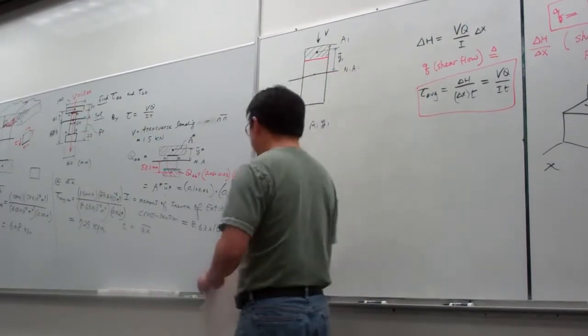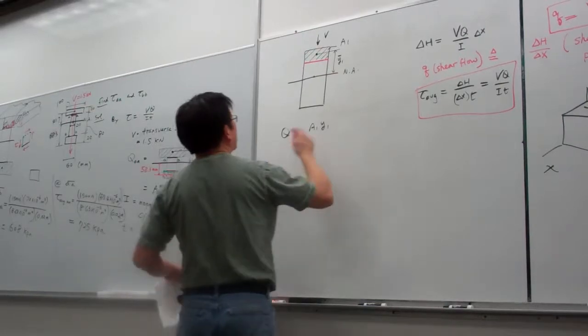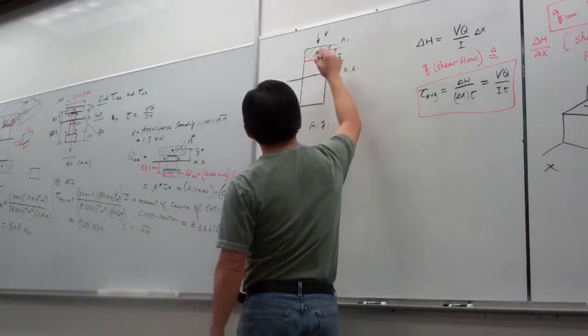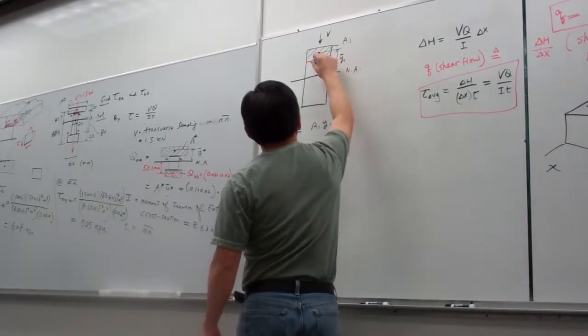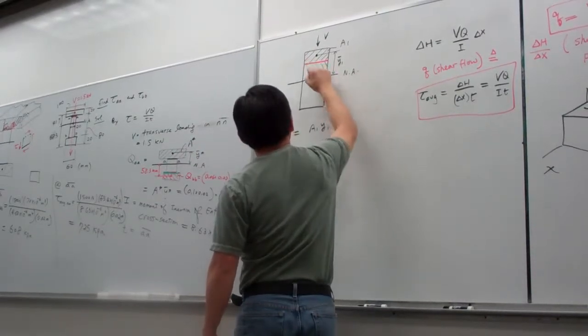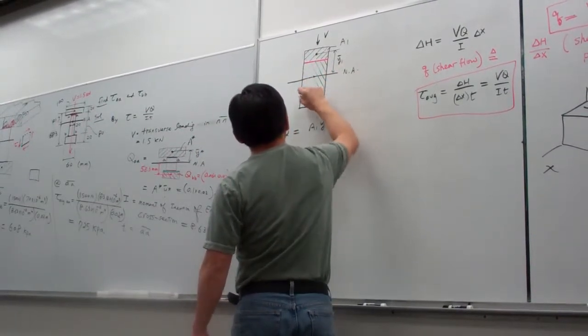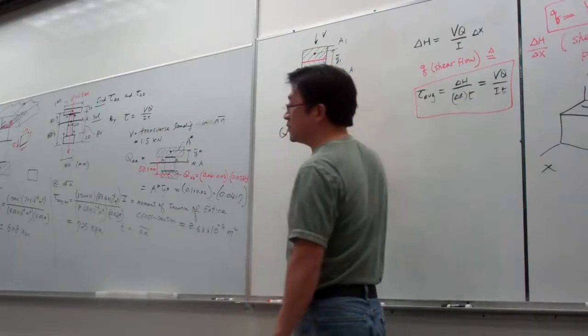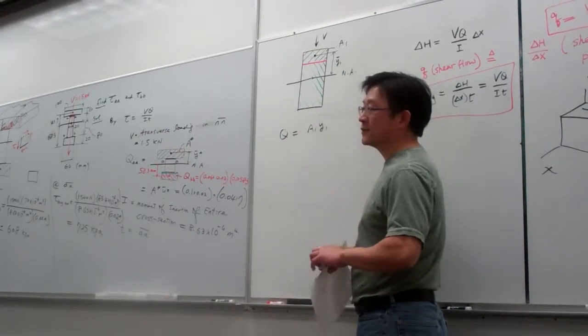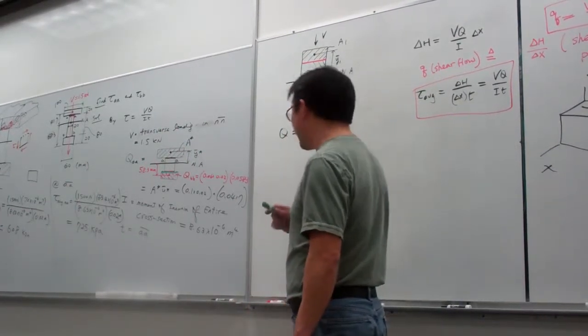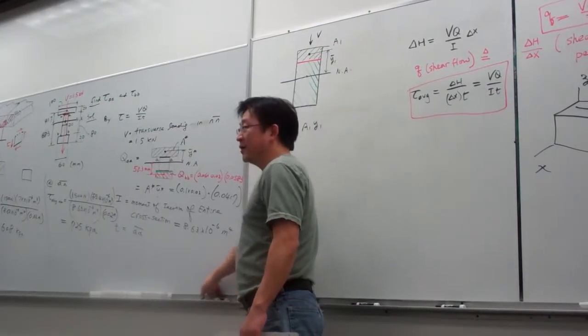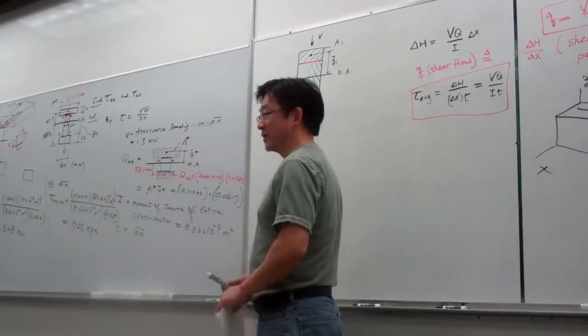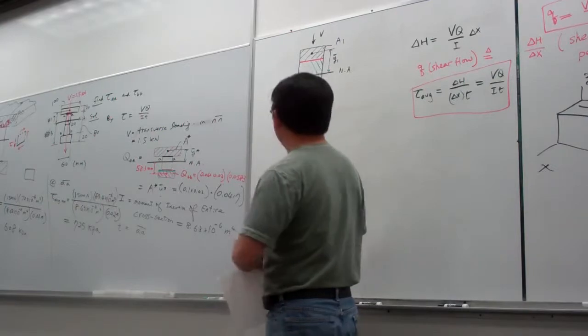The second option is to pick this shaded area, which means either side of the level of the entire cross section. This level simply bisects the section into two portions. Either portion is fine for calculating Q, and the magnitude of Q will be the same. Right now I'm going to show you why.